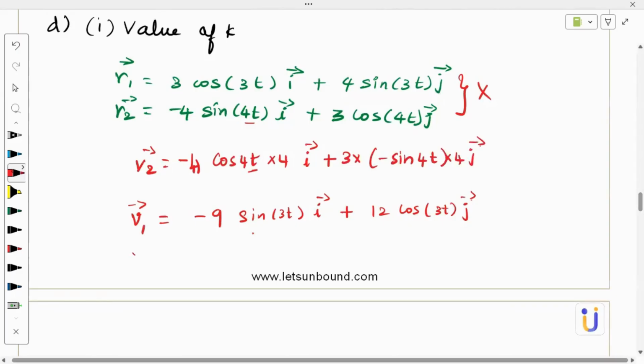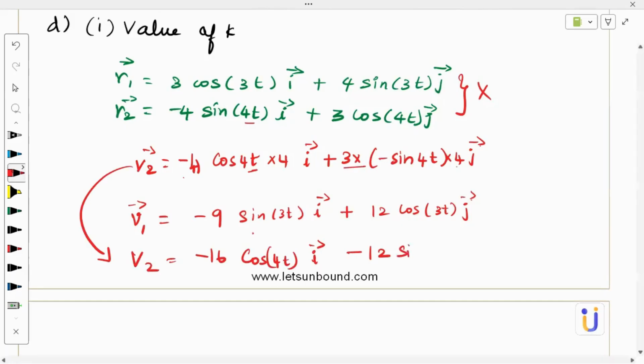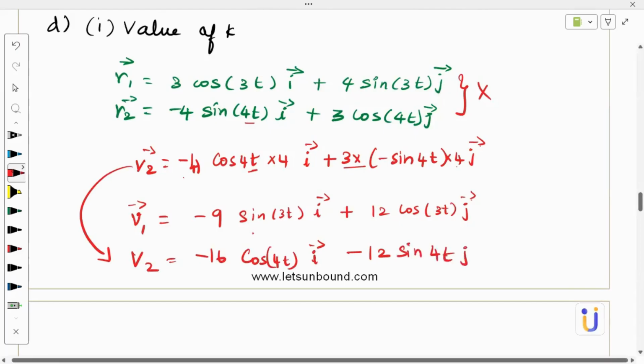So this is V1, and V2, let me simplify, is minus 16 cos 4t i vector, minus 12 sine 4t j vector. So we got V1 and V2.